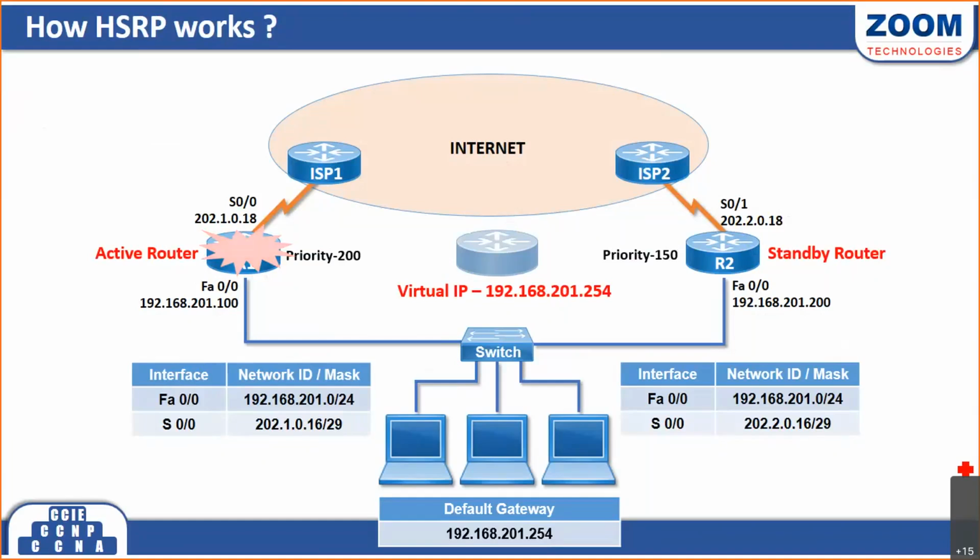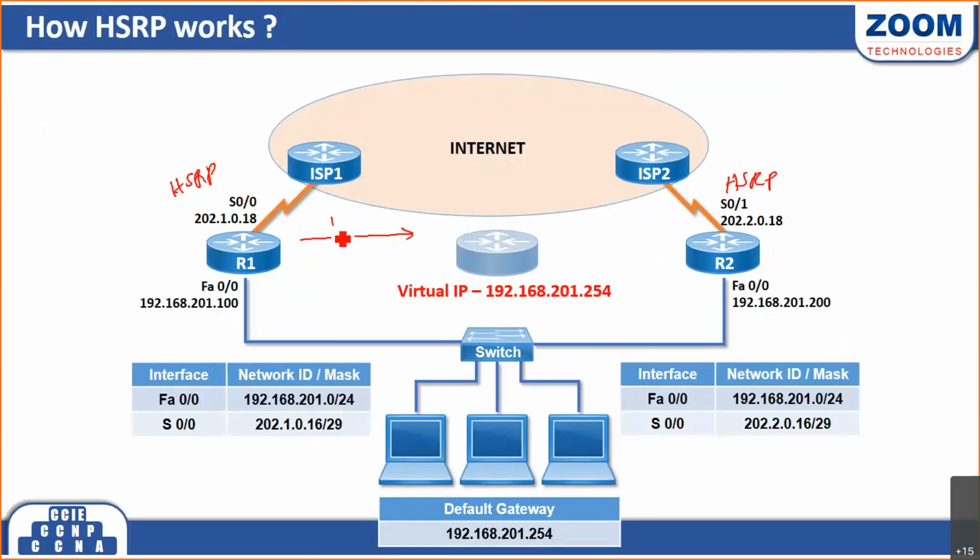Yeah, that is the mechanism of HSRP. You know what HSRP is doing, how HSRP works. When you have enabled HSRP in R1 and in R2, R1 and R2 will send hello packets every 3 seconds.